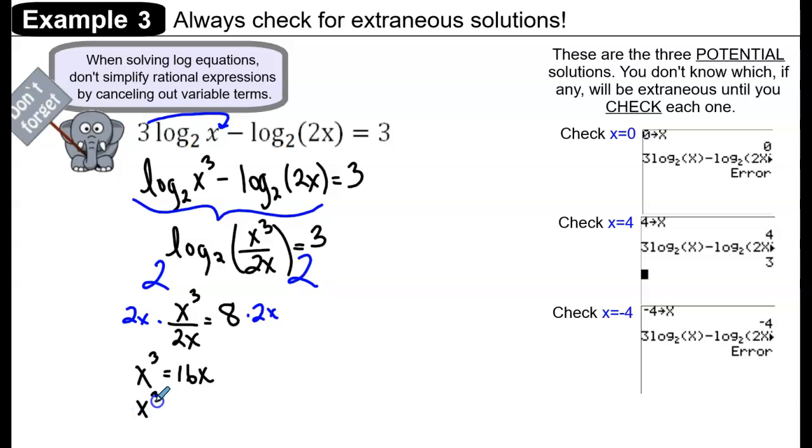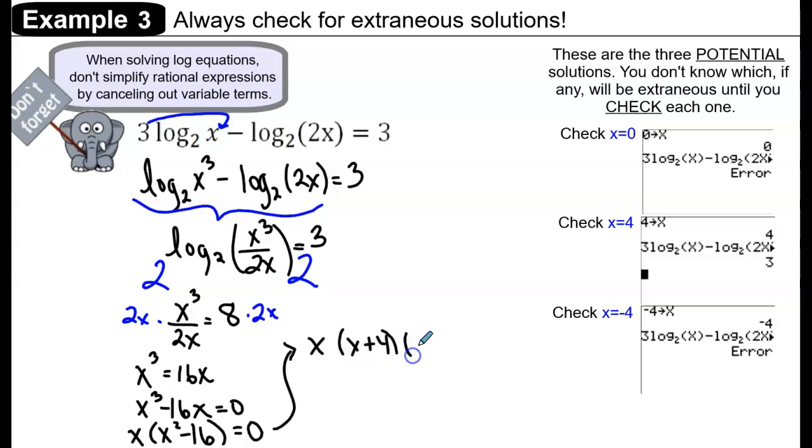and get x cubed minus 16x is equal to 0. When we factor out an x to the front, that's x times x squared minus 16 equals 0. And then when we factor that difference of squares, we have x times the quantity x plus 4 times the quantity x minus 4 equals 0.